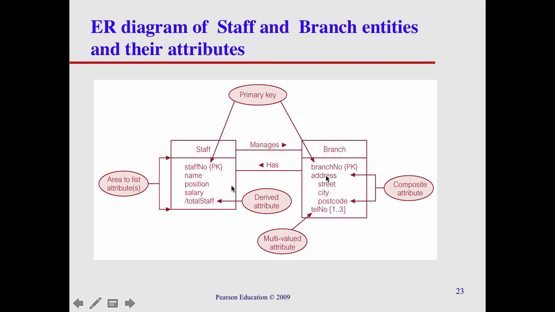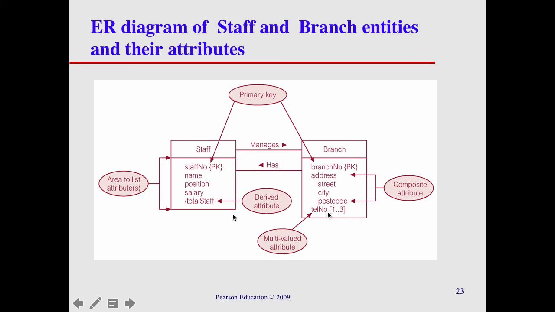So address would not actually be represented as an attribute in the database. Instead, it would be represented as street, city, and postcode. But in your ER diagram, you would actually say address is an attribute, and then indent it. You would say what are the three attributes that form it.